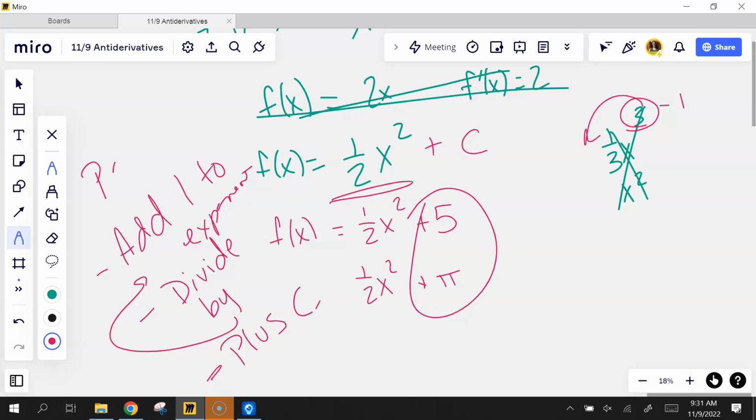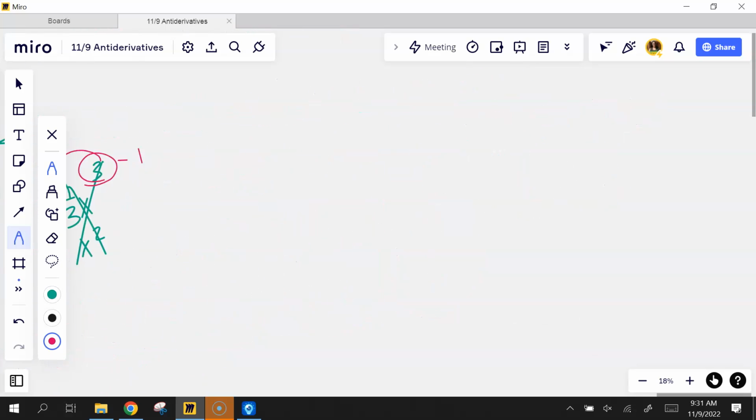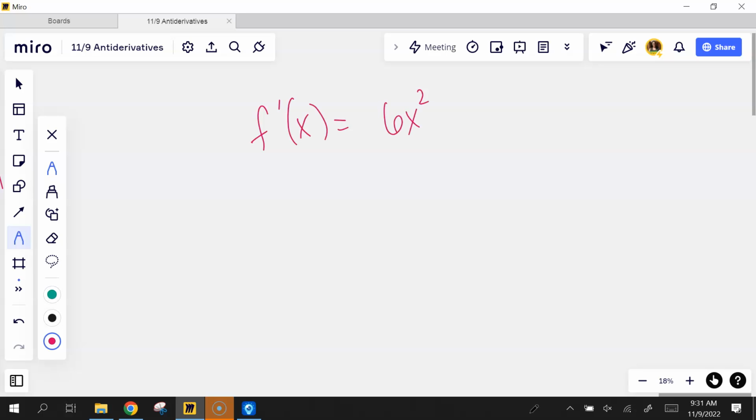This is just my power rule. Of course, some things I'm going to have to think through, like my trig functions and that kind of thing. I'm going to have to think backwards a little bit. But let's do a nice little easy polynomial. Let's go backwards on it.